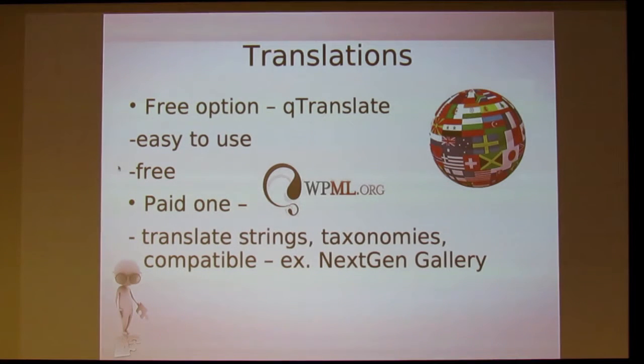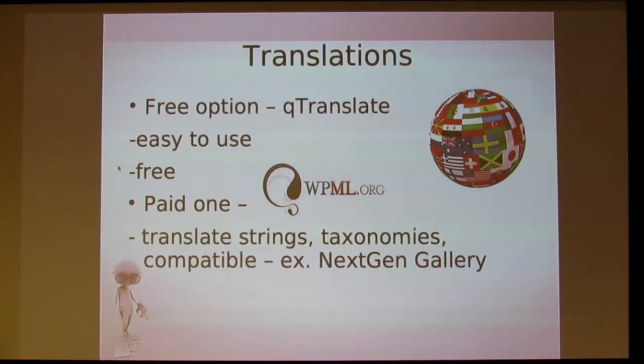But there are some options. qTranslate, it's free, but it's good only for small projects, for business sites where you just have static pages and you don't want to do anything else like widget translations or custom menu translations, because you just can't do this.